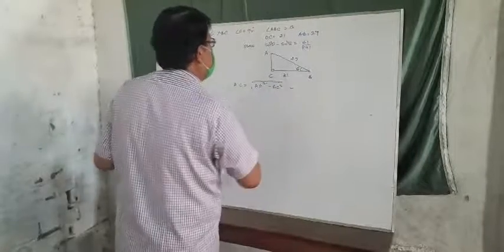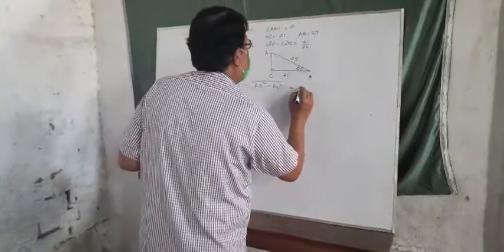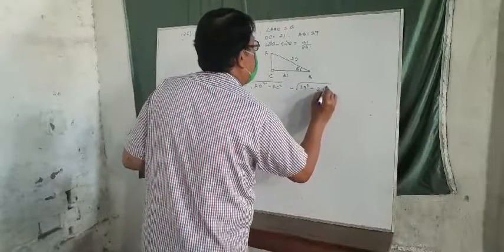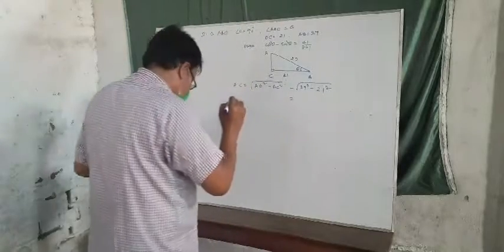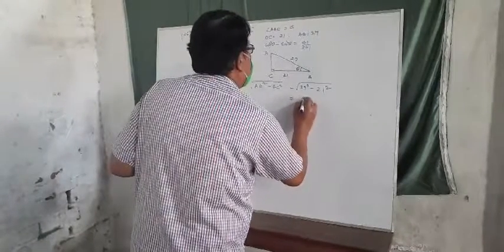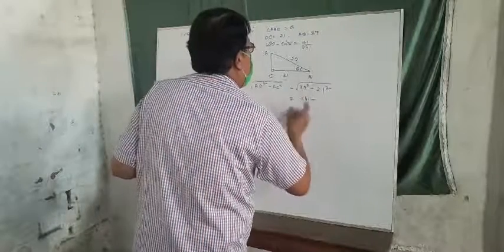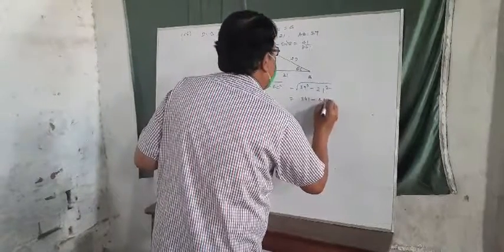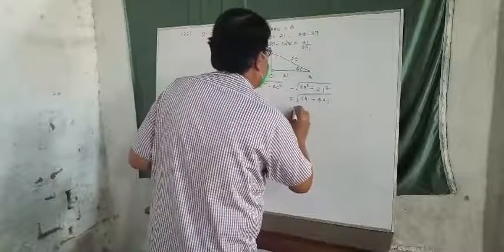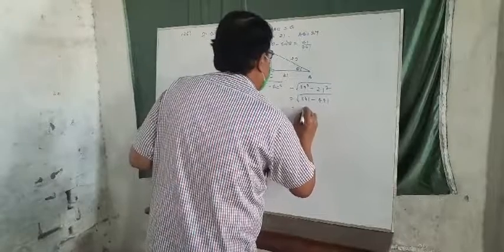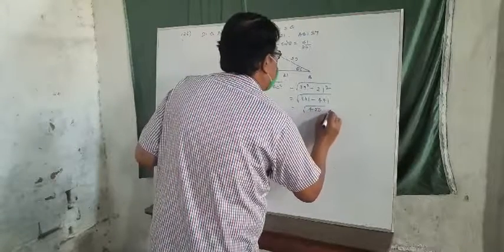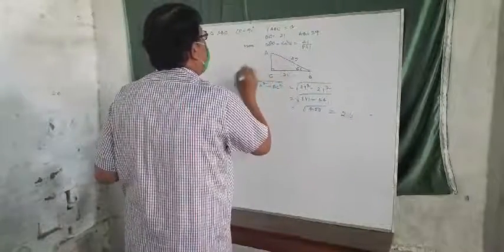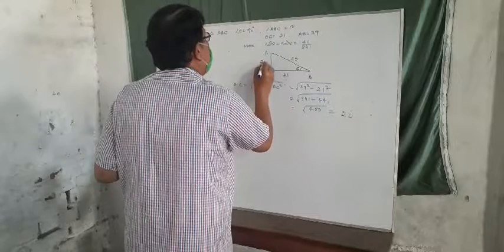AB is 29, so 29 square minus 21 square. 29 square is 841, 21 square is 441, and subtracting, we get the square root of 400. Square root of 400 is 20. We got the value of AC as 20.